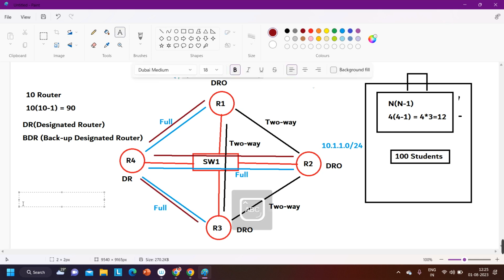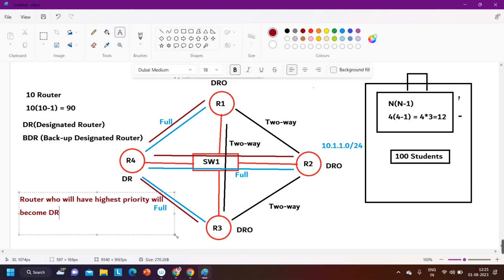The router that has the highest priority will become DR, and by default the priority on all routers is 1.